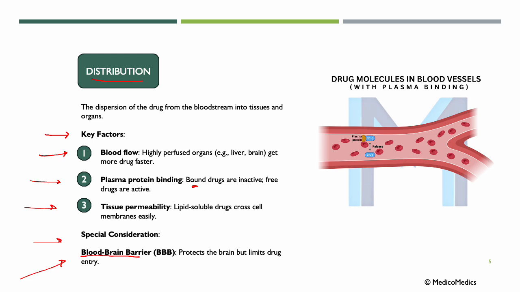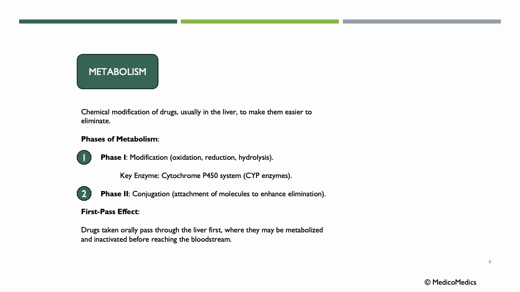Now, once the drug reaches its site, it may need to undergo changes, and this is what brings us to metabolism. Metabolism refers to the chemical modification of drugs, usually occurring in the liver, to make them easier to eliminate from the body. It happens in two main phases. Phase 1 involves modification reactions like oxidation, reduction, or hydrolysis, which introduce or expose functional groups.